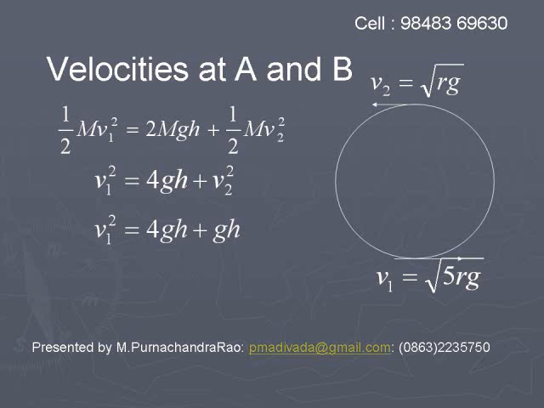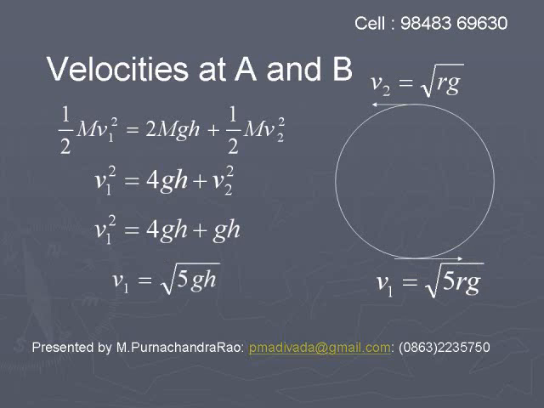From this relation, m gets cancelled and rearranging we get v1 square is equal to 4gh plus v2 square, where v2 square is the square of the velocity at the highest point. The minimum velocity at the highest point should be root rg.